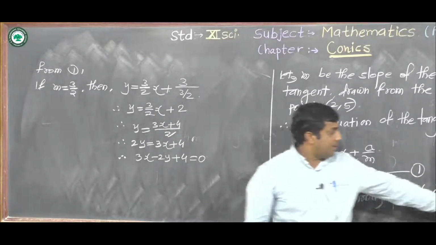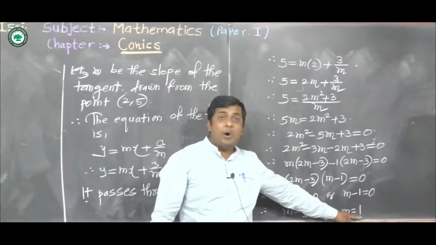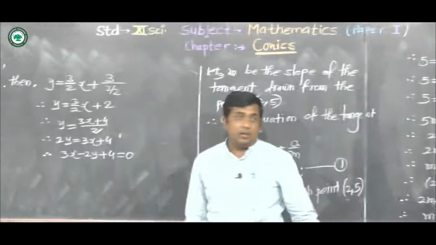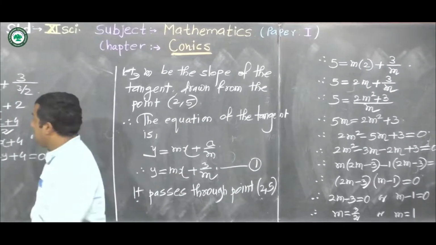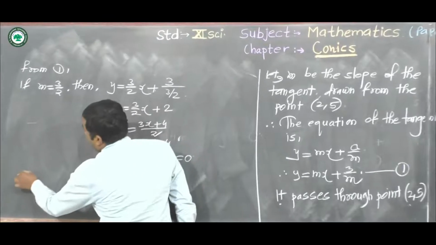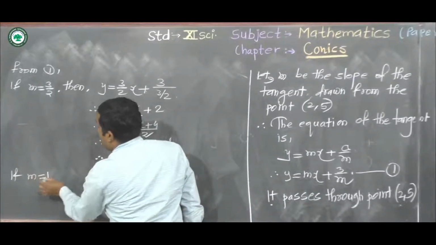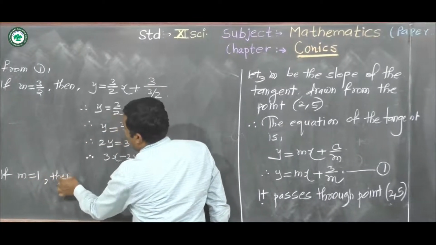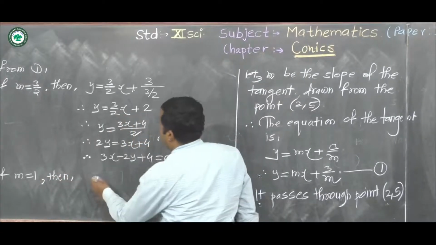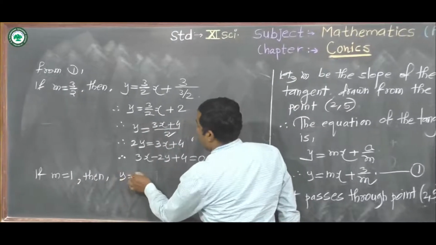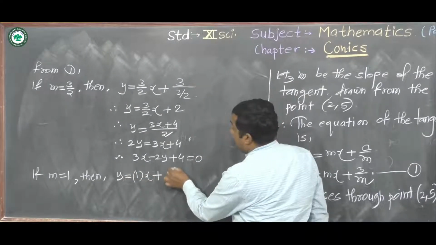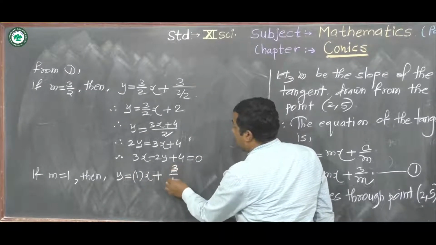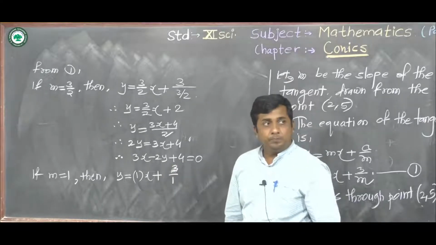Now our second value of m is 1. We replace m is equal to 1 in the first equation. So again from equation 1, we consider m is equal to 1. Then y is equal to 1 into x plus 3 upon 1.